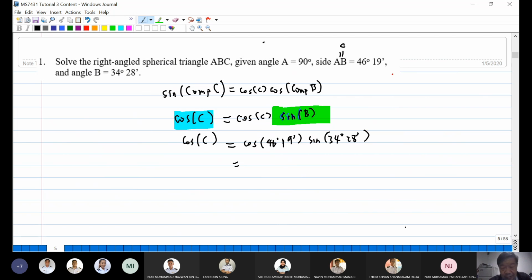So you press the calculator: cosine 46 degree 19 minutes times sine 34 degree 28 minutes. So we get 0.39, same as before.